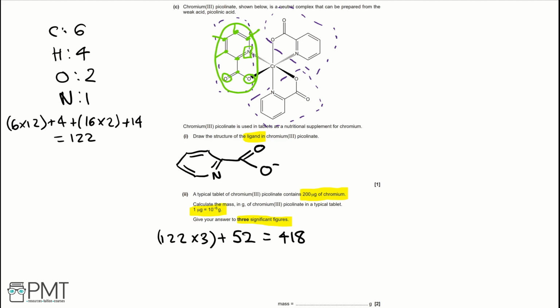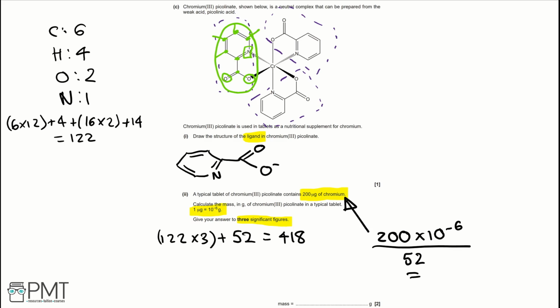Next, we need to take the 200 micrograms of chromium, and we need to work out the number of moles using this. So we take 200, we multiply by 10 to the negative 6, and we divide by 52, because we're told that it's the mass of chromium, and 52 is the relative formula mass of chromium.